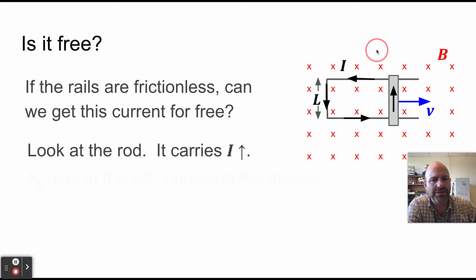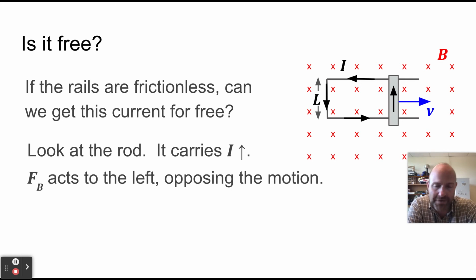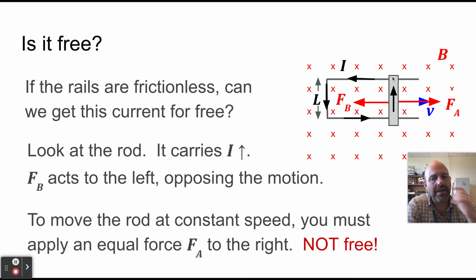The rod has current flowing through it. And by definition, magnetic force acts on things that have current flowing through them. And if you use your right-hand rule for that one, current up, B field in, you're going to get a force backwards, pulling you back to the left, opposing the motion. And so that means that if we want to move the rod at constant speed, we're going to have to pull it, apply some force to keep it moving at a constant speed.